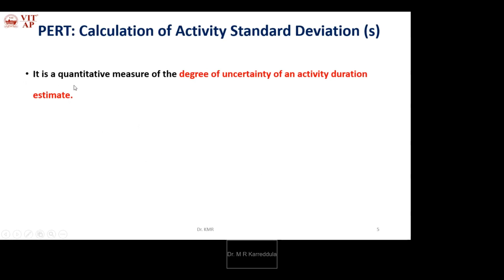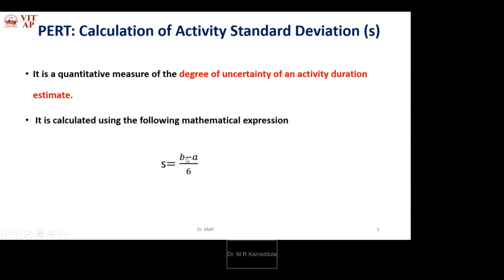Then the second step, calculation of activity standard deviation. Standard deviation of all the project activities or project tasks is a quantitative measure of the degree of uncertainty of an activity duration estimate. It is calculated using the following mathematical expression. S equals B minus A divided by 6. What is B? Pessimistic time. And what is A?